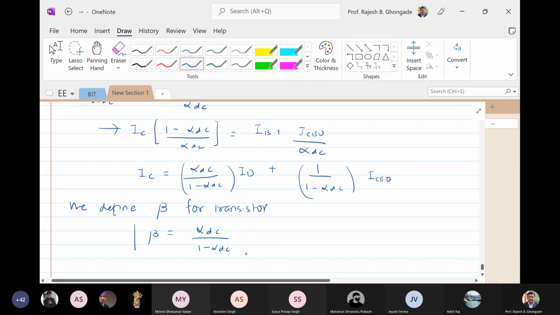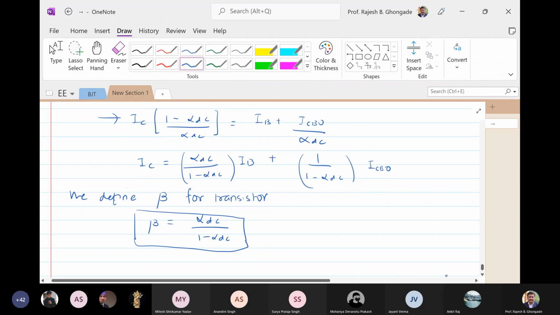I define it this way: alpha DC divided by 1 minus alpha DC I am going to call beta, or beta DC if you want. So what can you say about the value of beta DC? By the way, we have already seen that alpha DC is between 0.95 and 0.995.